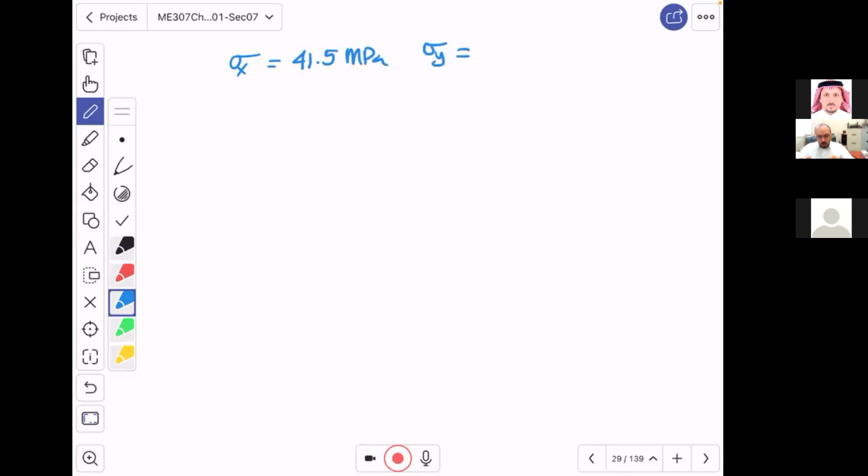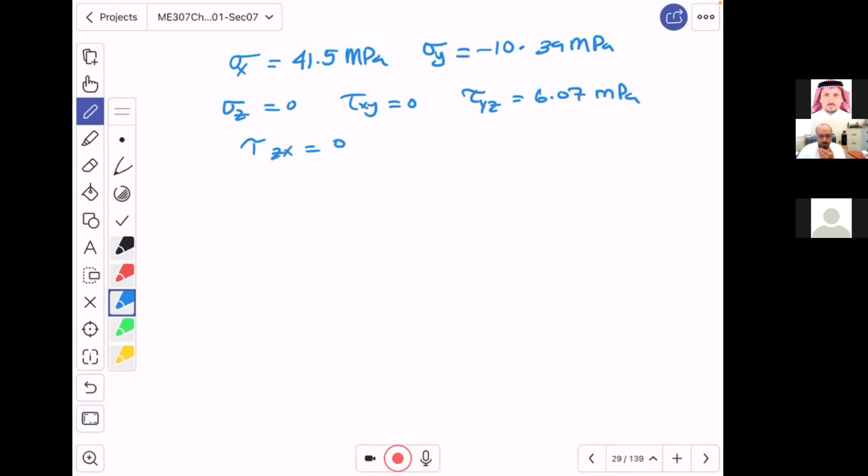Sigma y is the compression coming from the body, which is minus 10.39 megapascal. Sigma z is equal to 0. Tau xy is equal to 0. Tau yz is coming from the twisting of the body, and it is 6.07 megapascal. And then we finally have tau zx, which is equal to 0.